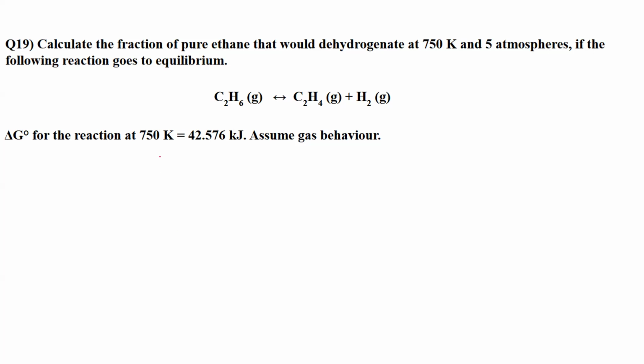What do we have to calculate? Calculate the fraction of pure ethane. Here, this is ethane. This is ethene. Okay. So y of C2H6 equal to what? So first we need to find out what is epsilon based on that only. Okay.